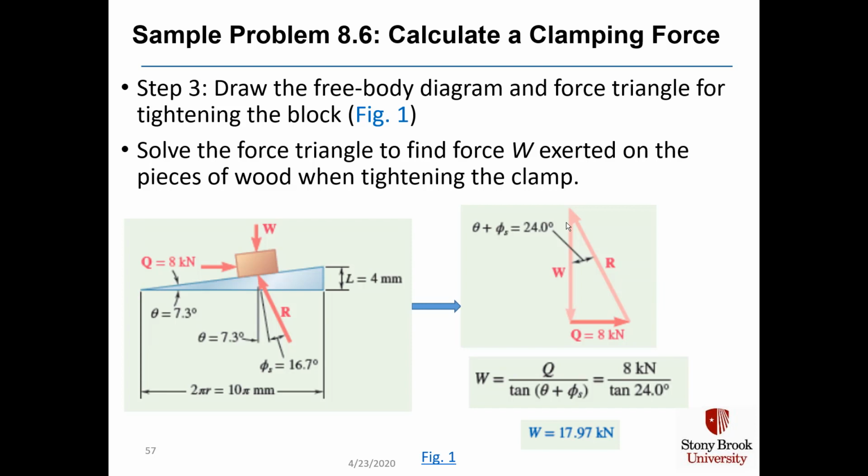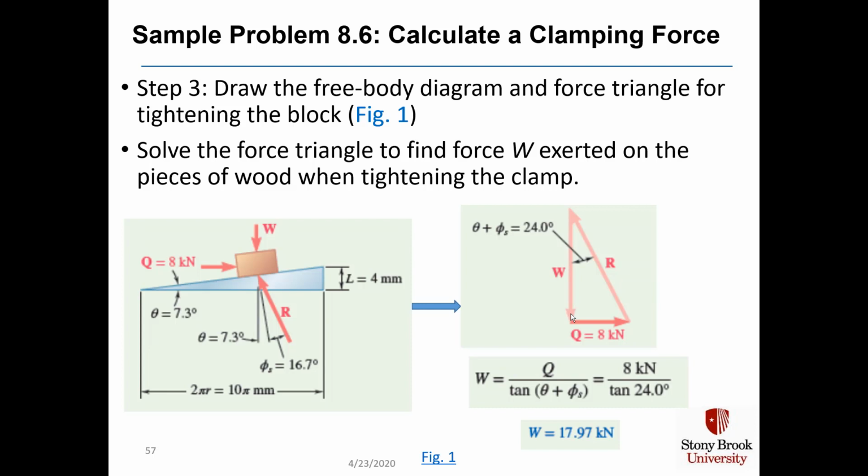And we can solve the force triangle to find force W exerted on the pieces of wood. Vector R makes an angle with the vertical, which is where our weight is, of angle θ 7.3 degrees plus φ 16.7 degrees, so that R is at an angle of 24 degrees to W.